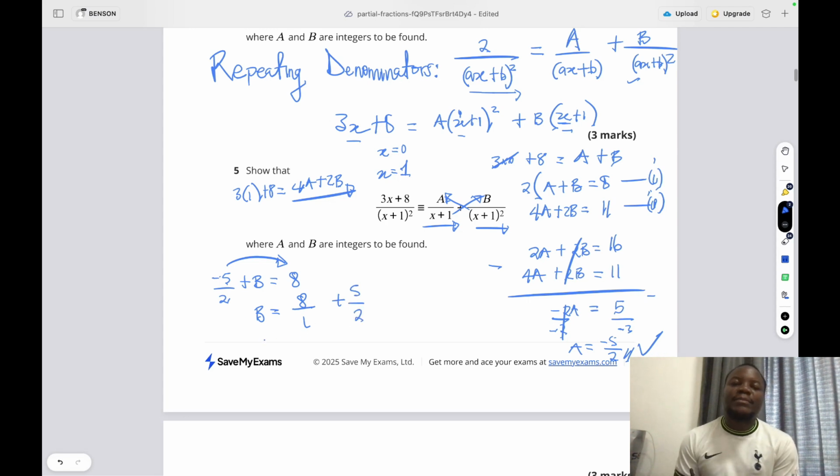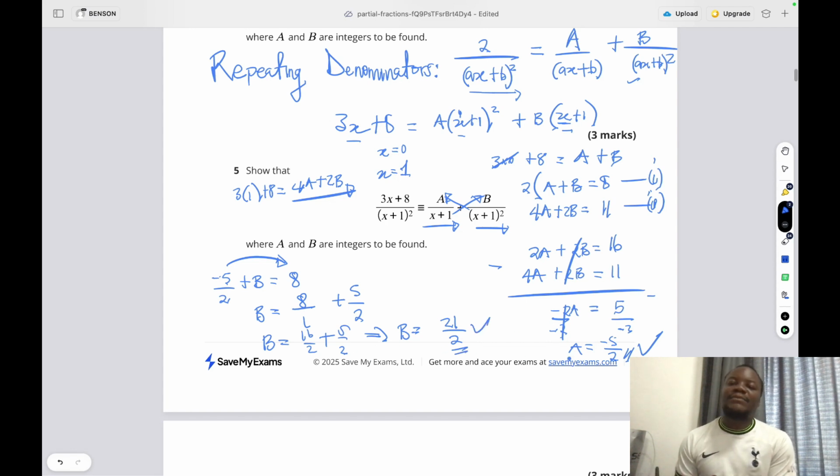Because I'm not using a calculator, 8 can be written as 16 over 2, plus 5 over 2, to imply that B is simply equal to 16 plus 5, to give me 21 over 2. So these are the values of A and B.